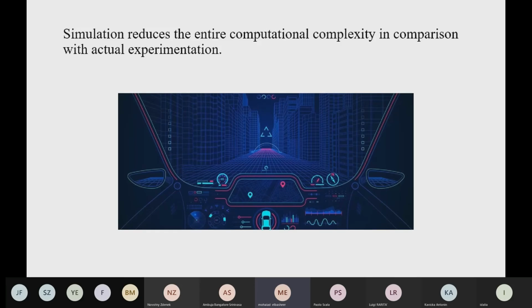So in that case, simulation is a wise option when it involves large sets of data and scenarios to be tested. The simulation model developed in our work is expected to reduce the entire complexity, time, and cost in comparison with actual experiments.